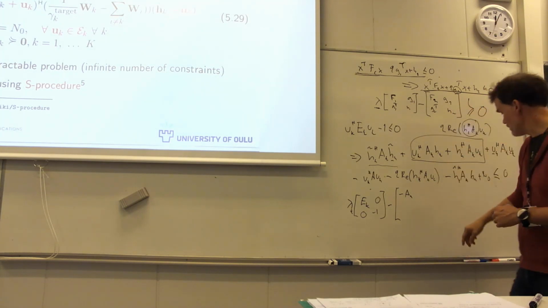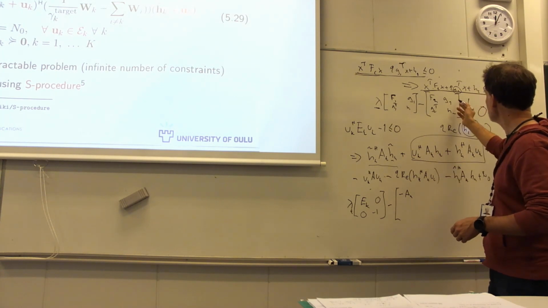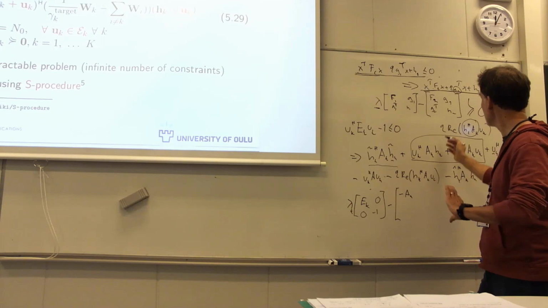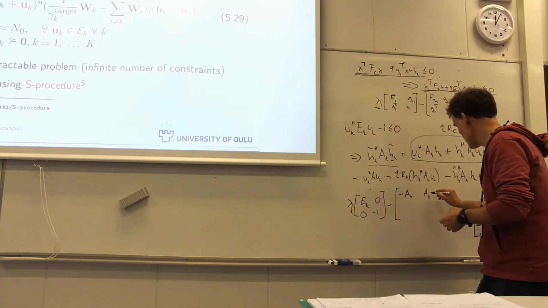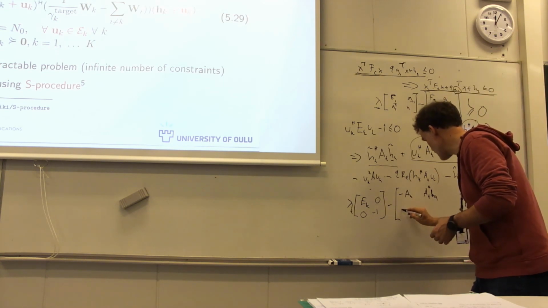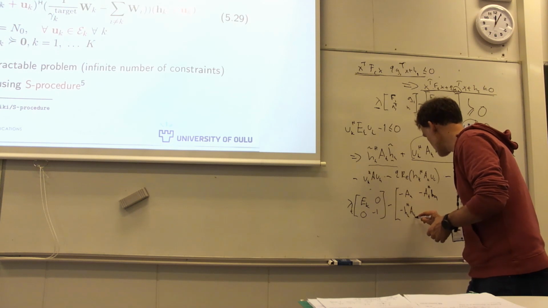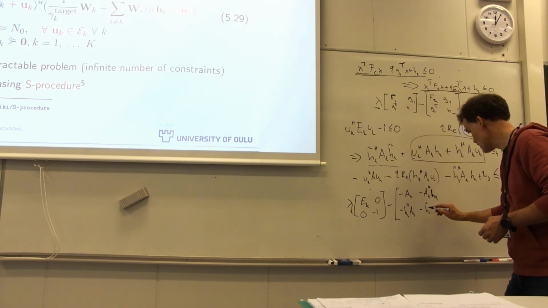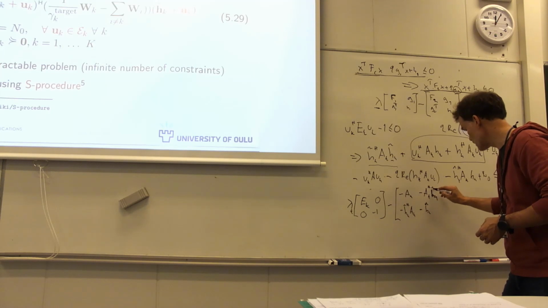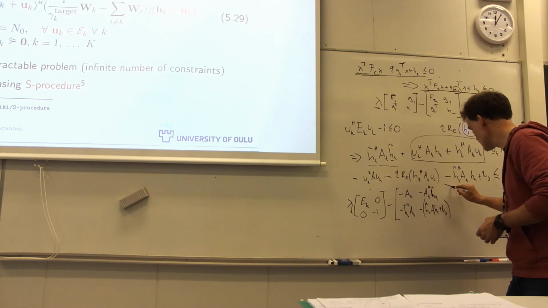We have minus AK. Then we take the Hermitian of this. It's AK Hermitian HK, and here we have the minus as well, minus HK Hermitian HK, and then the constants minus HK tilde. Okay.